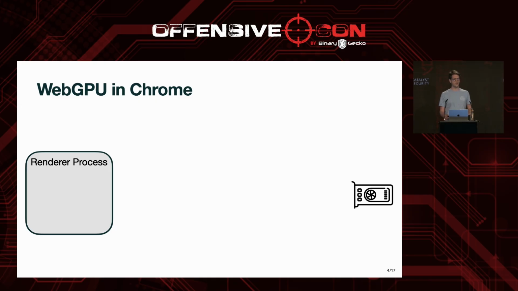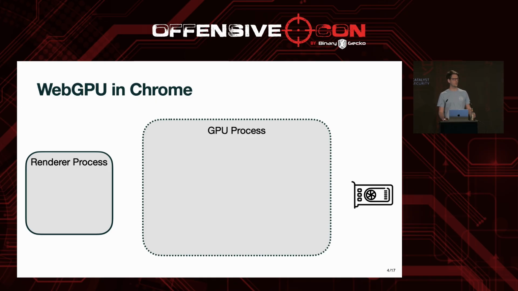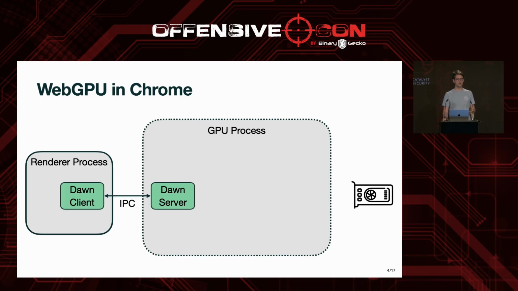And as such, we have to introduce another component, the GPU process in Chrome, which is a privileged process. On Windows, for example, the GPU process is only weakly sandboxed, whereas on Android, the GPU process is not sandboxed at all. Coming back to WebGPU, Chrome's implementation is called Dawn, consisting of two components.